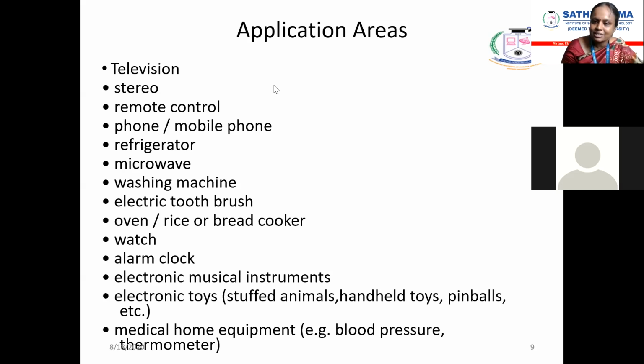I have listed many applications: electronic tires, medical home equipment. Due to this lockdown and corona, we are every time checking our oxygen level and pulse level, so you have some medical home equipment also. And now we have a thermometer; when you enter any place, they check your temperature. So all are automated.